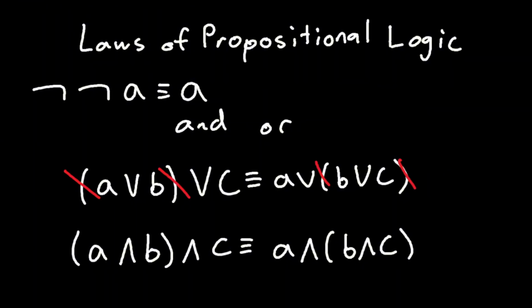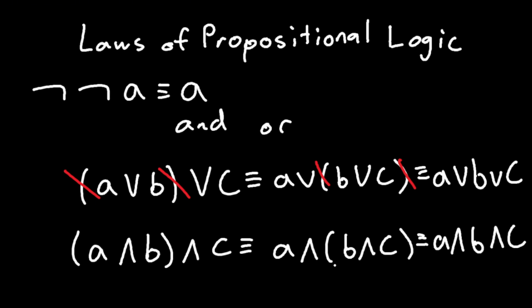This right here would also be equal to A ∨ B ∨ C. This right here is also equivalent, and A ∧ B ∧ C is also equivalent to these previous statements. So this is the associative law. You don't even have to care about the parentheses, but keep in mind an important part of this condition, and a mistake that people often make, is they don't take into account that you need the same logical operators inside and outside the parentheses. But on a side note, the reason why these laws are important is because they're important for when you're doing proofs.